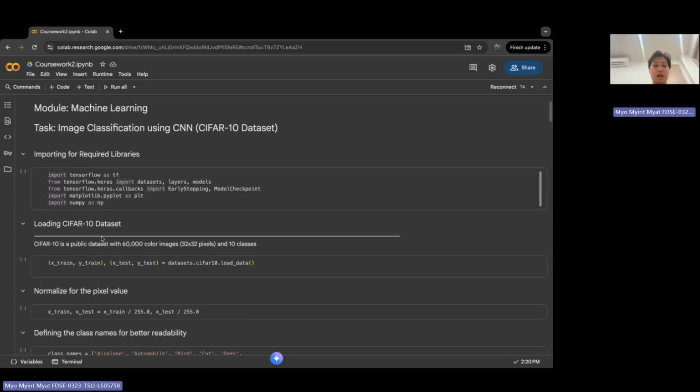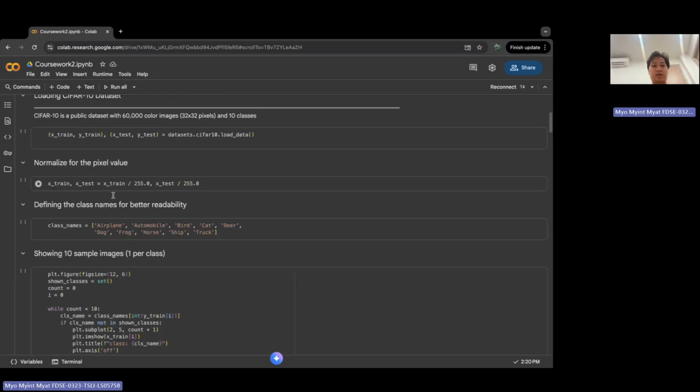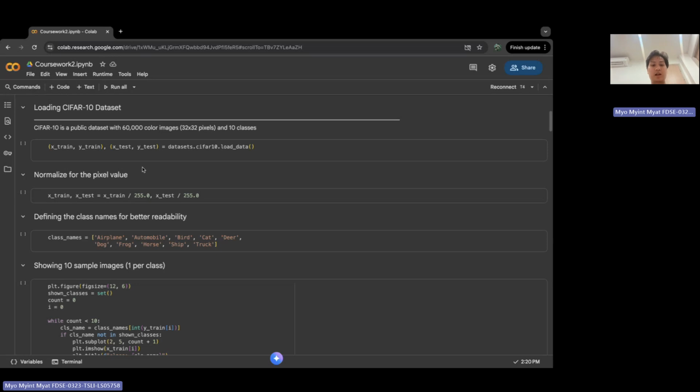So the next thing is I loaded the CIFAR-10 dataset, which contains around 60,000 color images across 10 classes, and the dataset is already separated into 50,000 training images and 10,000 testing images.